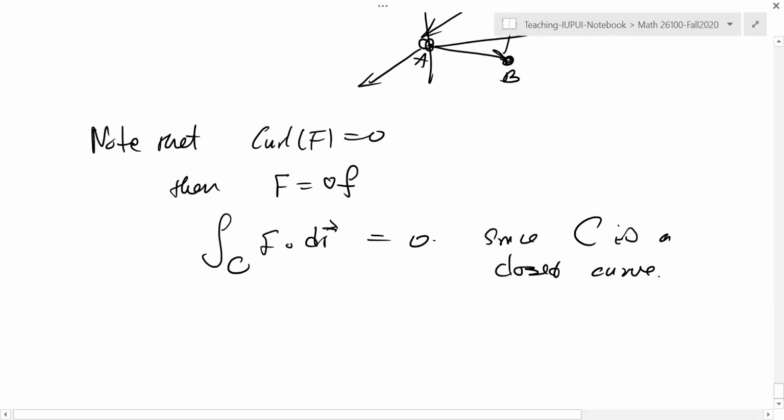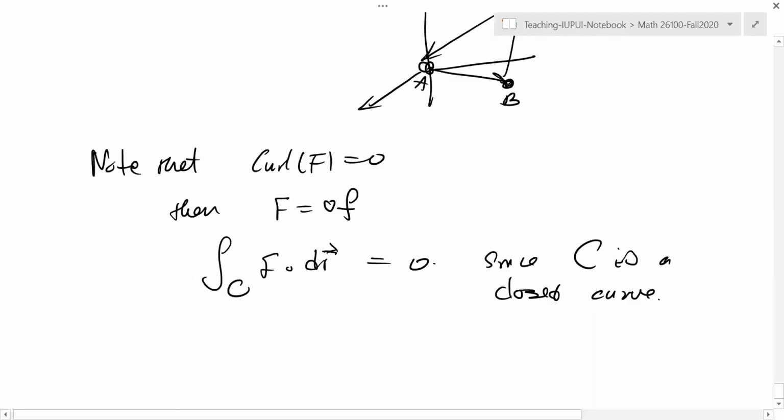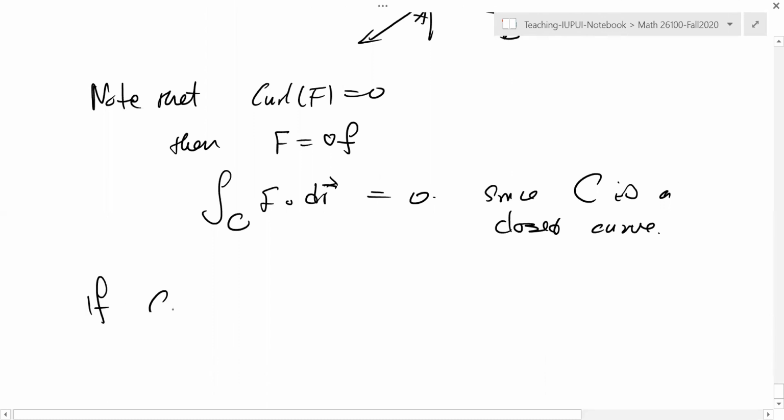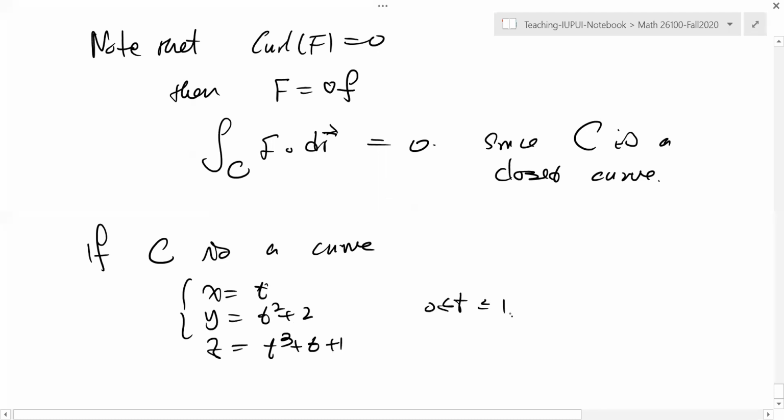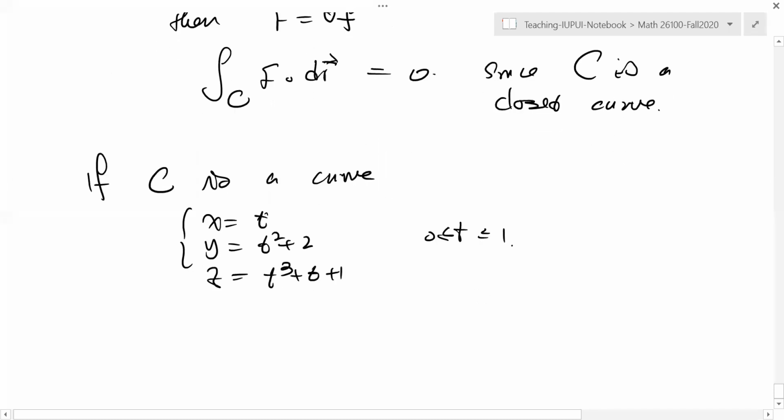So let's say C is a curve with a starting point and an ending point, for example x equals t, y equals t squared plus 2, z equals t cubed plus t plus 1. I just make it more complicated. How do we evaluate the integral?